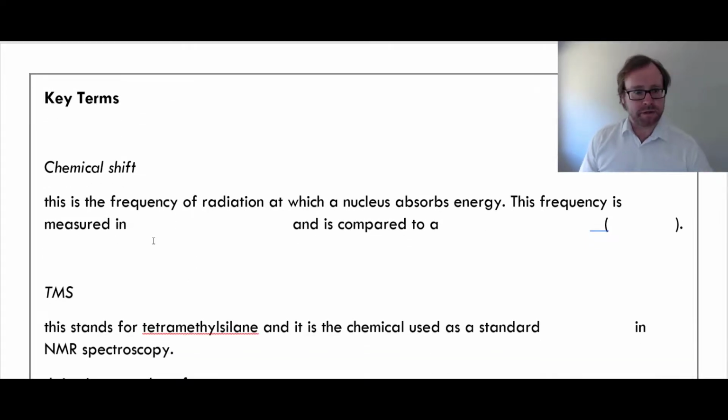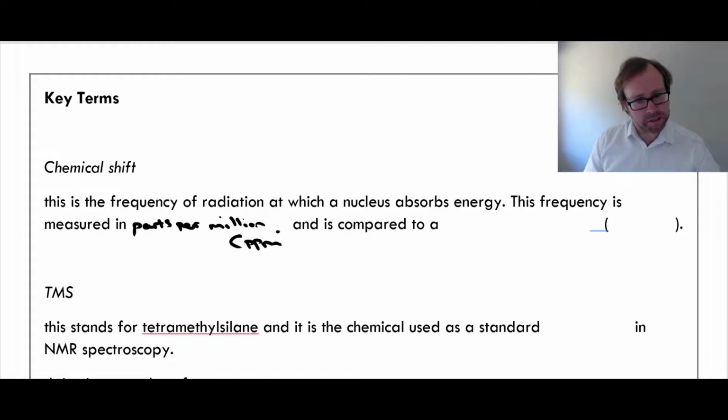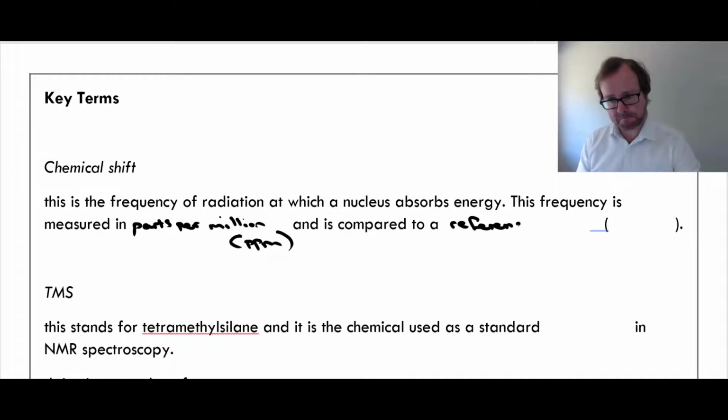So chemical shift. This is the frequency at which a nucleus absorbs energy. This frequency is measured in parts per million, which you'll see described as ppm, and is compared to a reference peak, which is TMS.